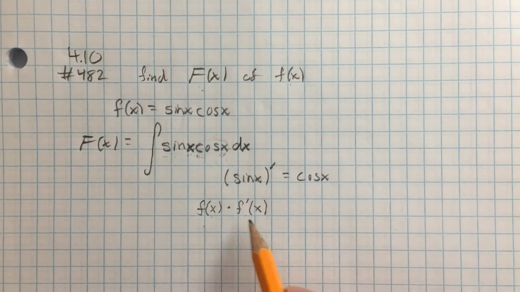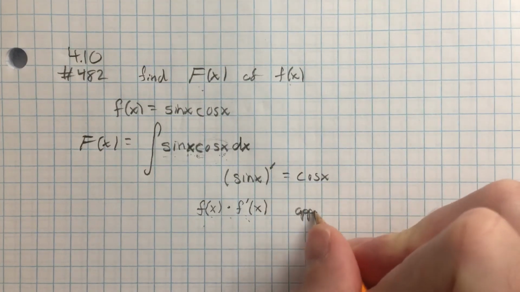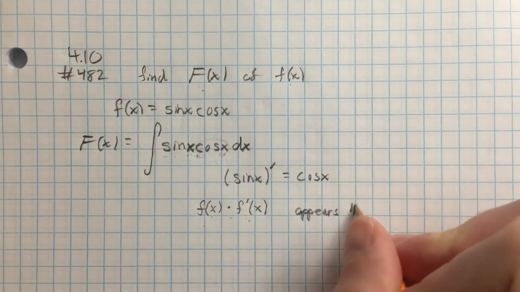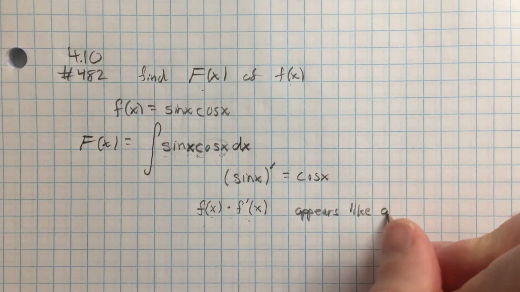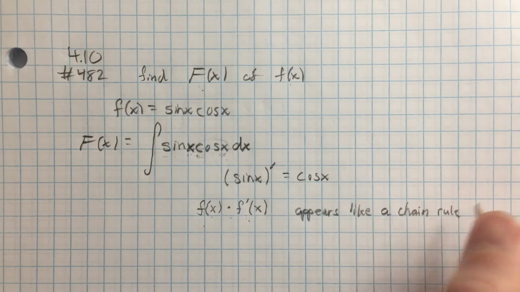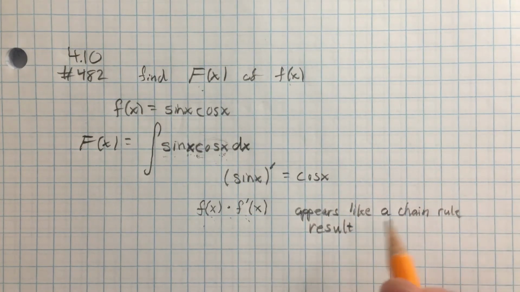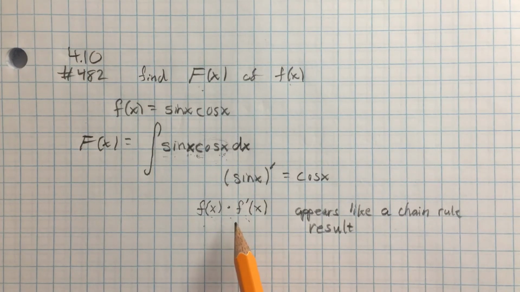So therefore, this looks something like a chain rule, right? Something and then times its own derivative. So it appears a little bit like a chain rule result. So you don't want to think about products, but thinking about chain rule could be helpful.